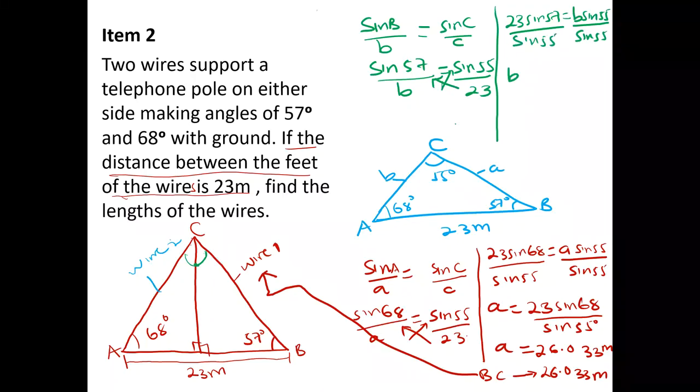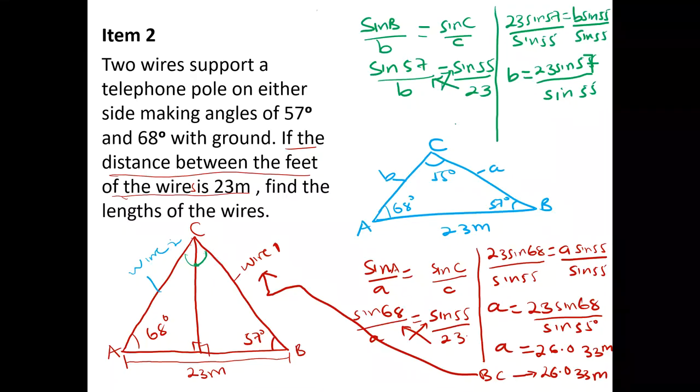It means that b is equal to 23 sine 57 divided by sine 55.